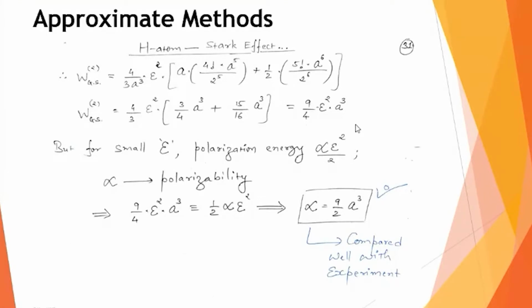And if I go into the literature, to some experimental observations, then whatever value I calculate using this theory as 9 by 2 EQ exactly matches with the experimental observation. So whatever we have done mathematically, using the concepts of perturbation theory to calculate the polarizability of the hydrogen atom, and if I perform the experiment and calculate the polarizability, both come the same, they compare very nicely.